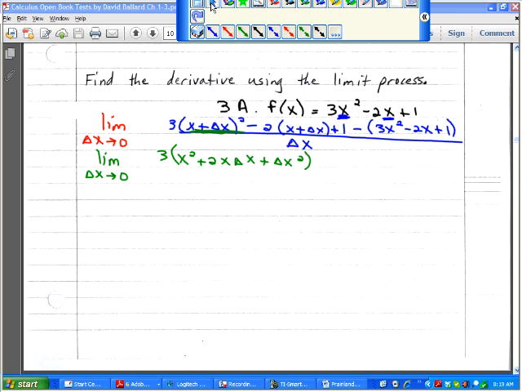I'm just going to put everything else back right now. Minus 2, open, x plus delta x, close, plus 1, minus, open, 3x squared minus 2x plus 1, close, all over delta x. So we did the exponent, and now we're going to distribute.